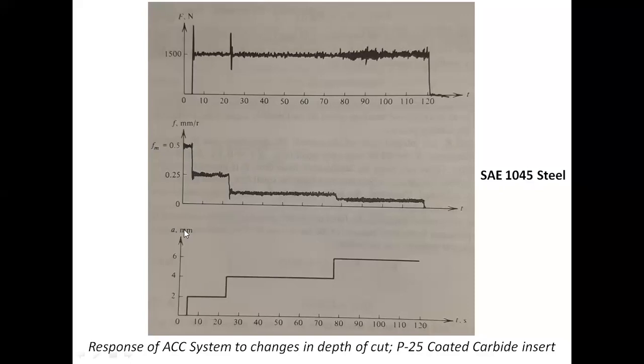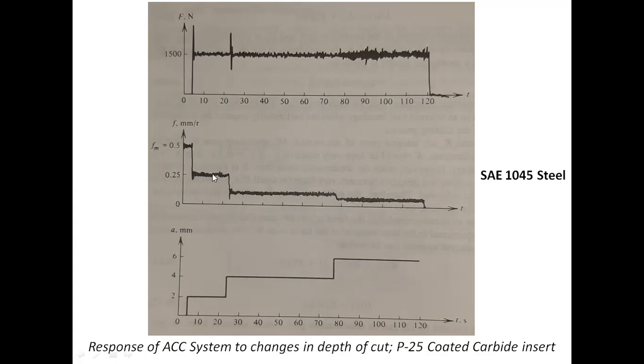You see here what we're trying to do: we're trying to vary the depth of cut. A is the depth of cut. Initially, from 0, it went on to 2 mm. Initially it was less, so we maintain 0.5. But as soon as we move on to 2 mm of depth of cut, it will decrease the feed rate, because, as I told you, more depth of cut means more load on the cutter, right?